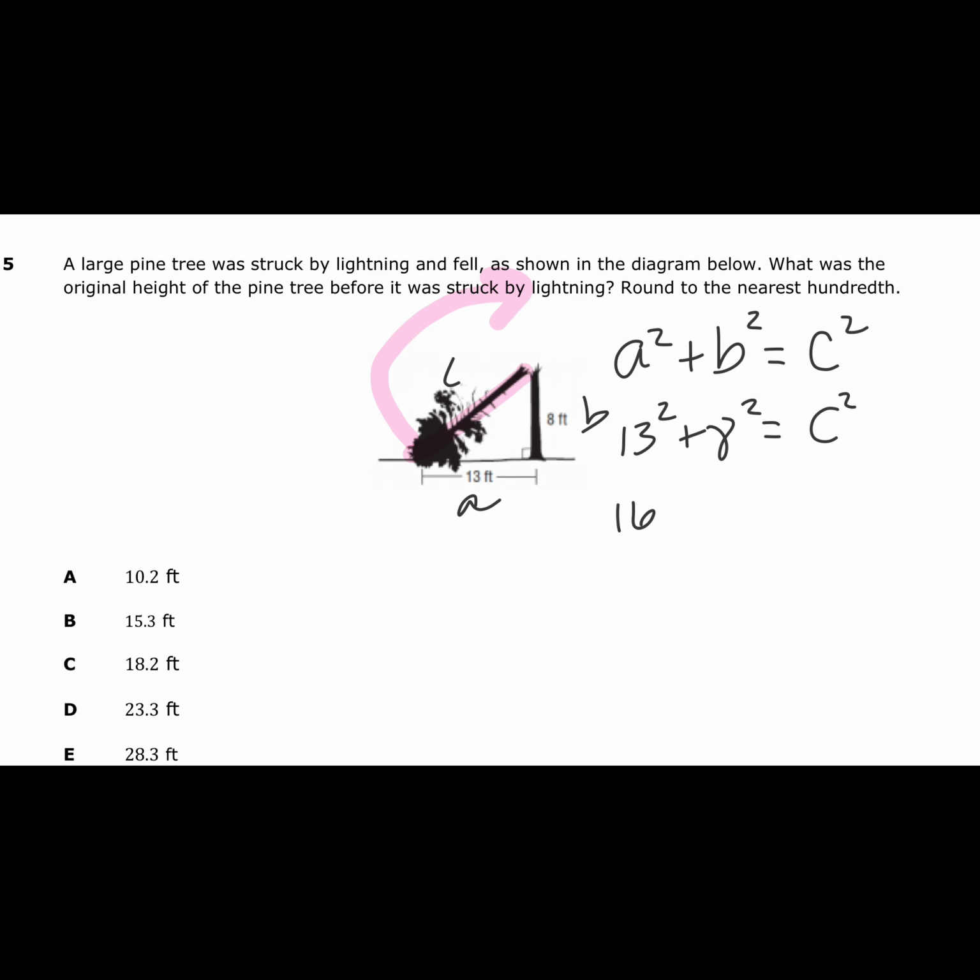And that's 169 plus 64, which gives us 233. So we know C squared is equal to 233, and if you take the square root here, you'll find C is equal to 15.3 if you round it.